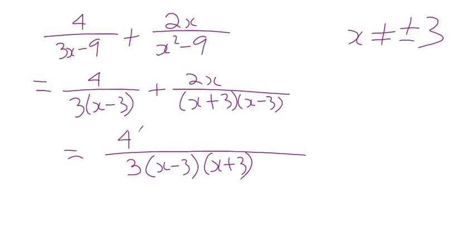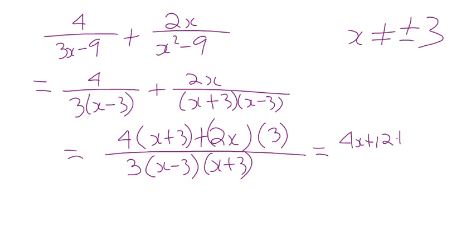So the 4 needs to be multiplied by the thing you don't have, which is x plus 3. And the 2x needs to be multiplied by the thing you don't have, which is a 3. And just to save a bit of space.